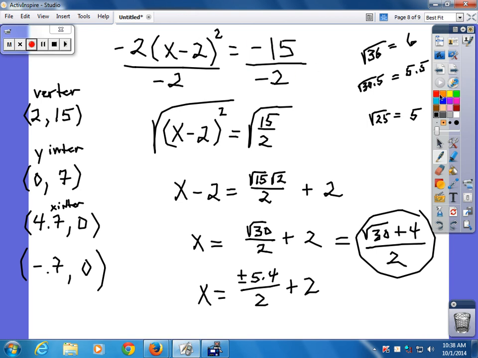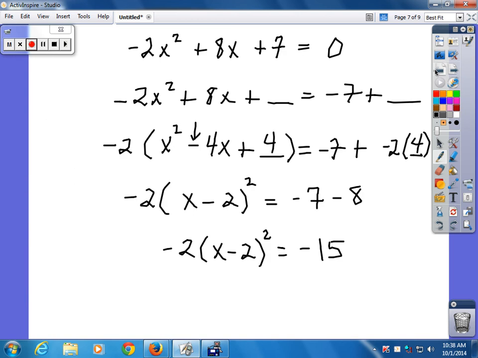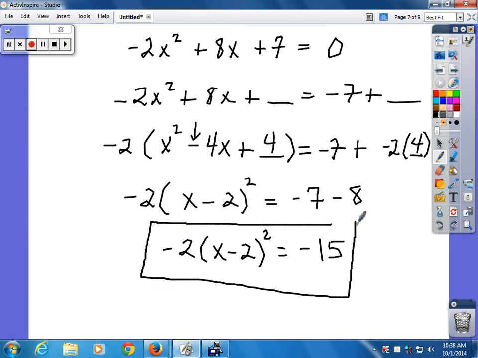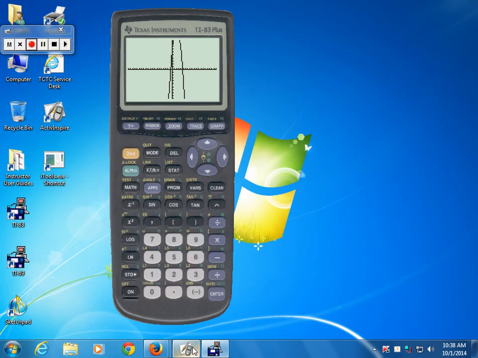Can you go back to the graph? Hold on a minute. Right here is your vertex form. You take the opposite of this and the opposite of this. So I have something wrong with the vertex. The vertex is supposed to be positive. Oh, I plotted it wrong. Yeah. Thank you. I plotted it wrong.